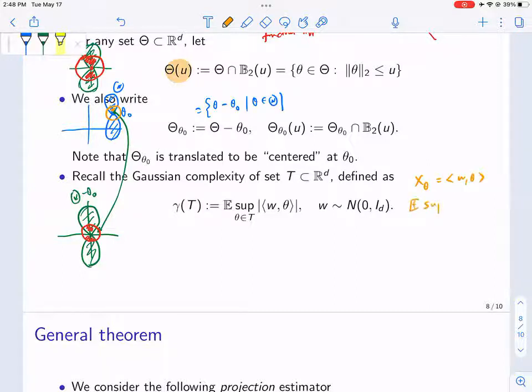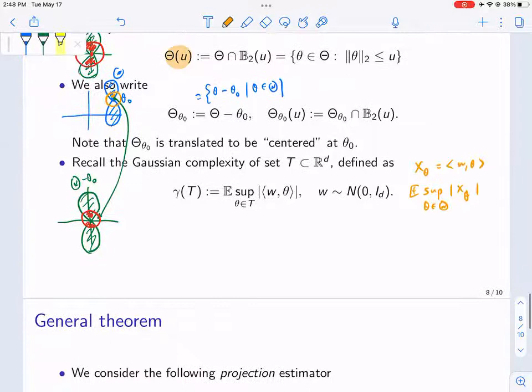The expectation of the supremum of this quantity, we have seen things like this before. Even if you don't think of this as a process, this is a well-defined quantity. This is called the Gaussian complexity.